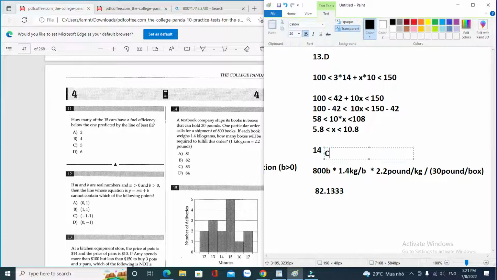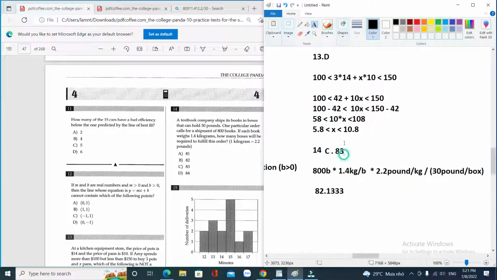So I think 14 is C, 83, because we have to exceed the actual weight. Okay, so that's what I think.